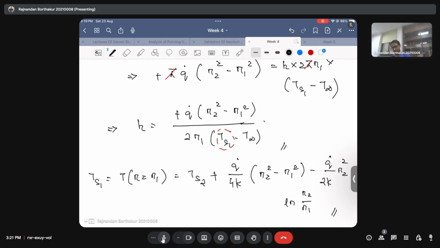That is Ts1. And you just need to substitute this Ts1 here to fully know the value of this heat transfer coefficient. So that's it, that ends this problem.